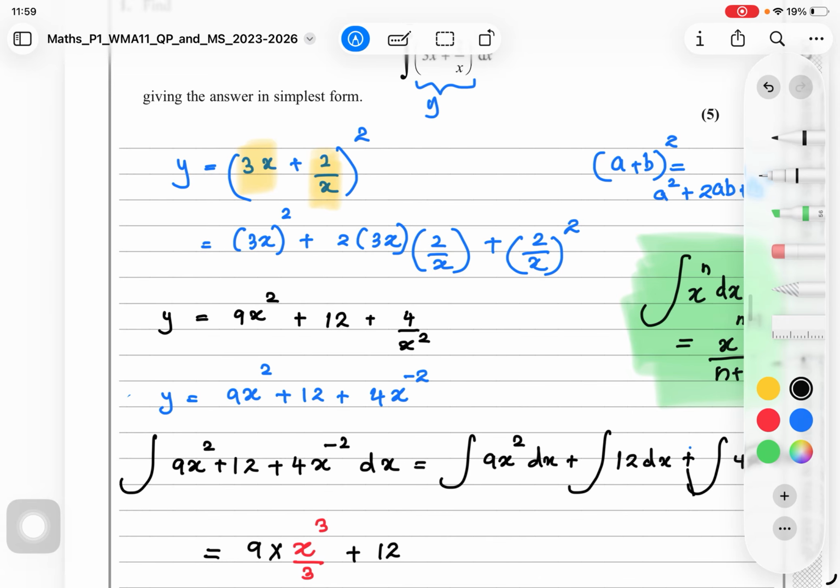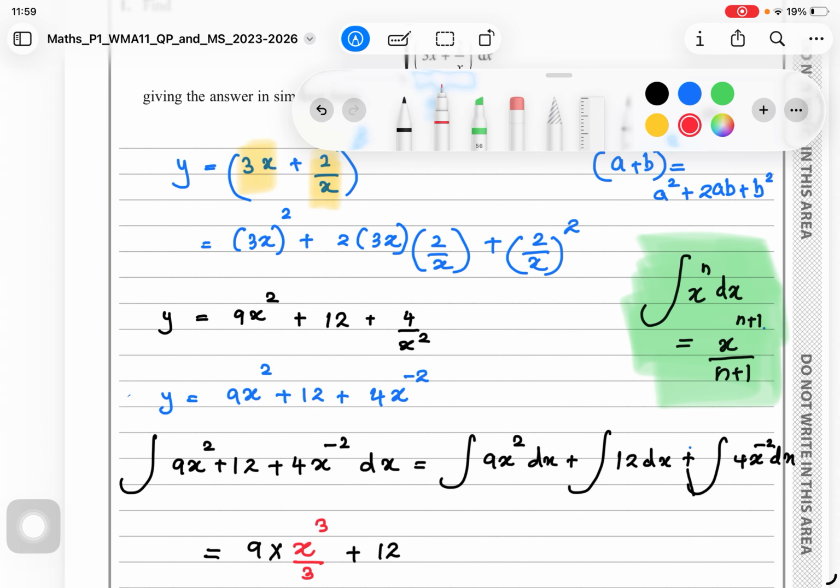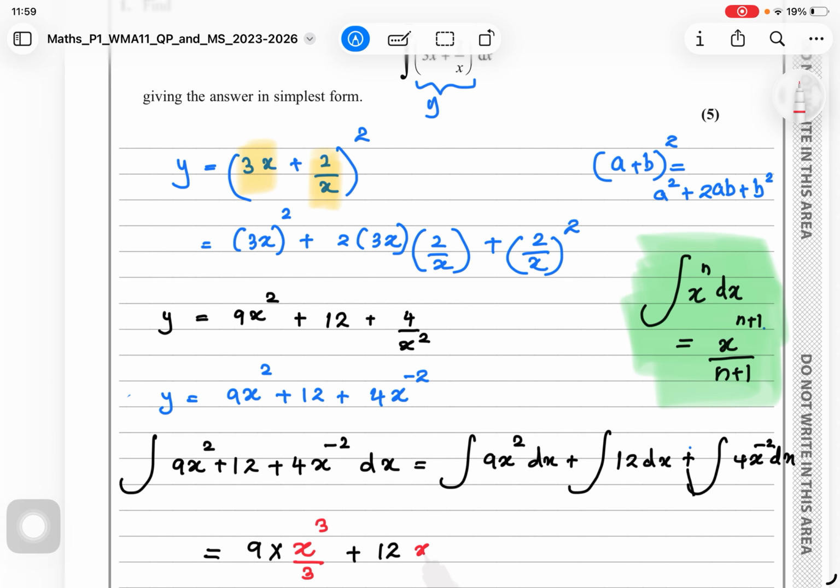In here, if you really consider, that is x to the power 0. So when you add 1 to the 0, it will be x to the power 1 divided by 1.